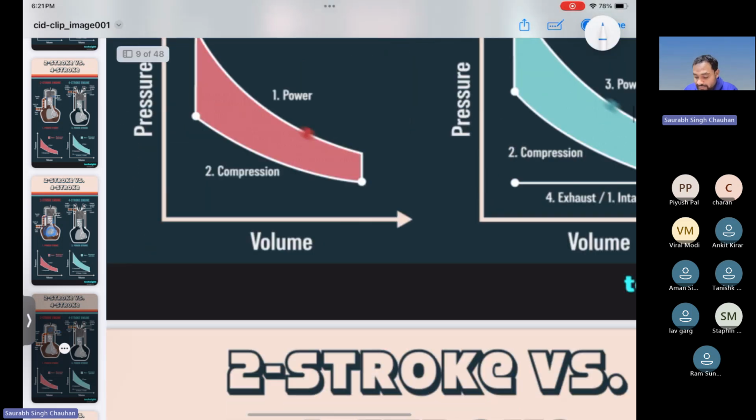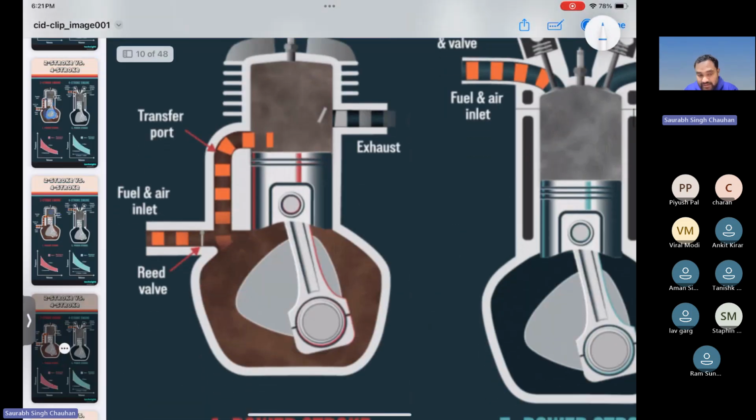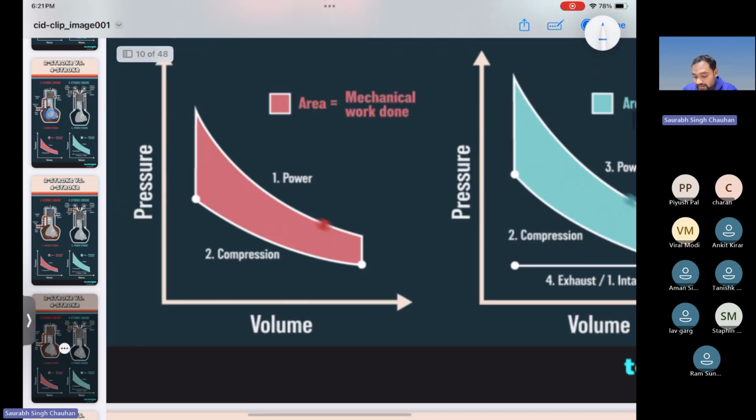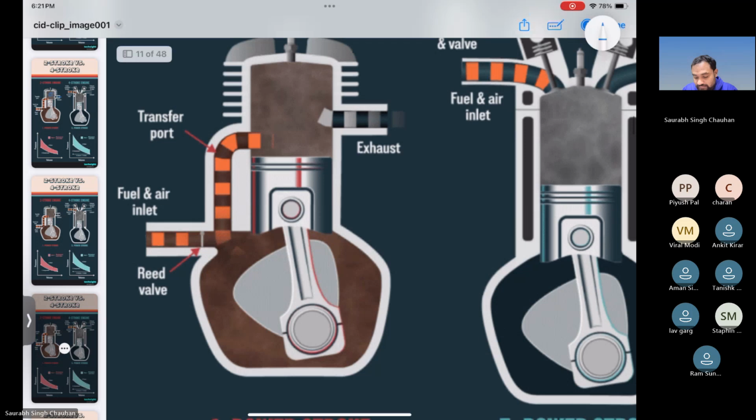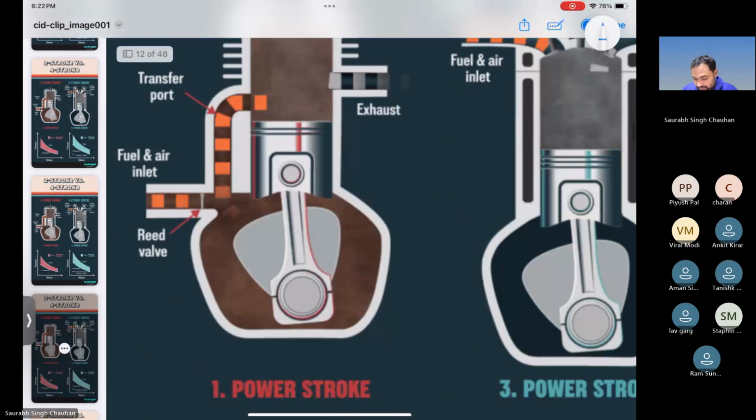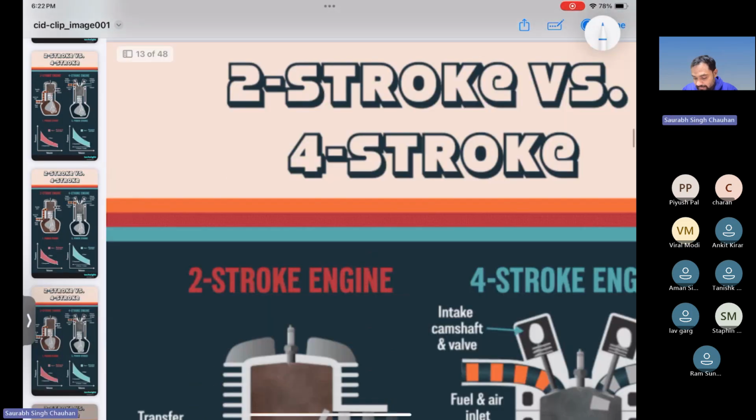Now the piston will still come down further, so more content from the crankcase will come into the chamber. Still coming down.